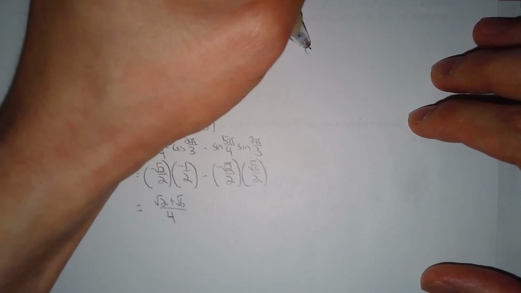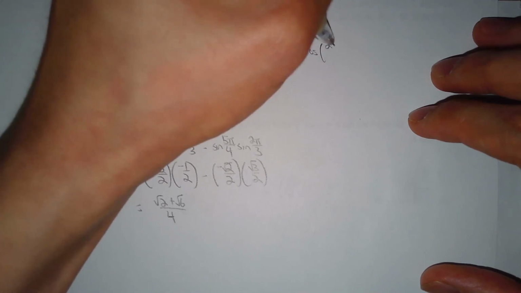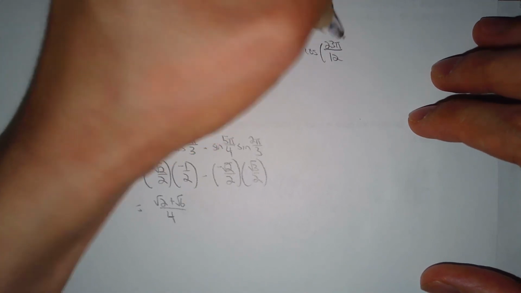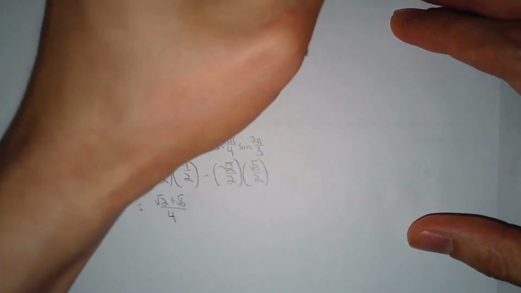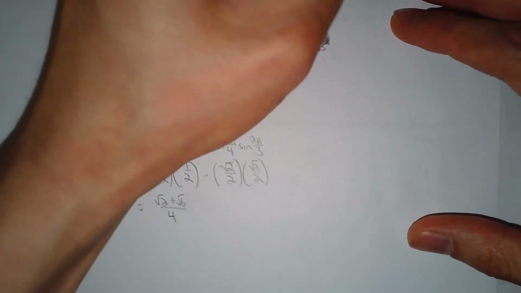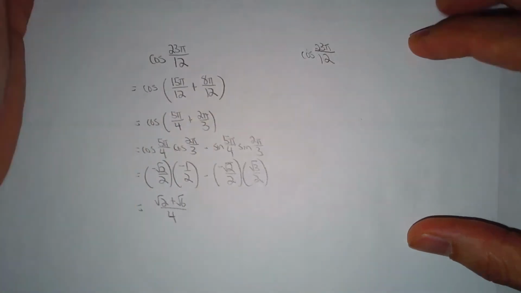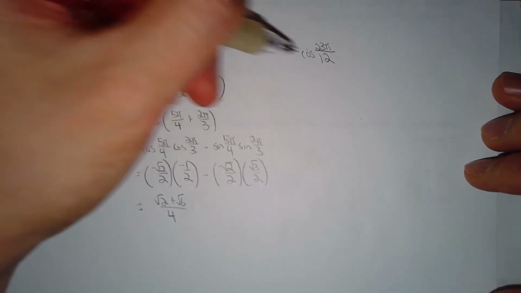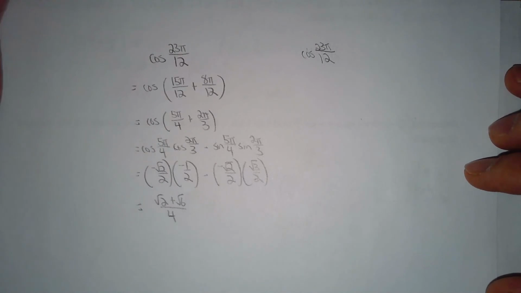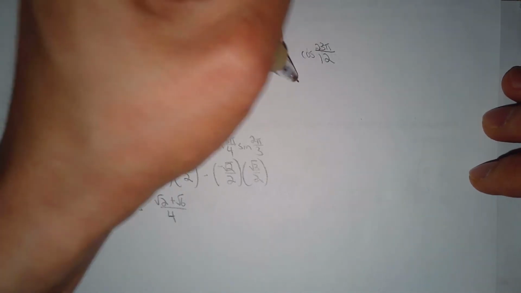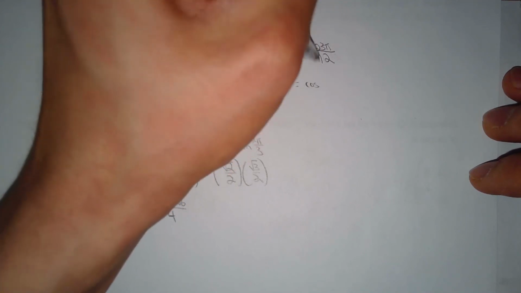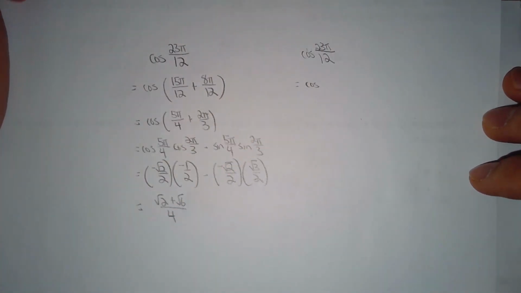But I would personally recommend you use equivalent trig expressions to help you out. I mean, why not use something you learned? So the first step is not to break apart 23 pi over 12 into convenient angles. I would actually shift it into the first quadrant.